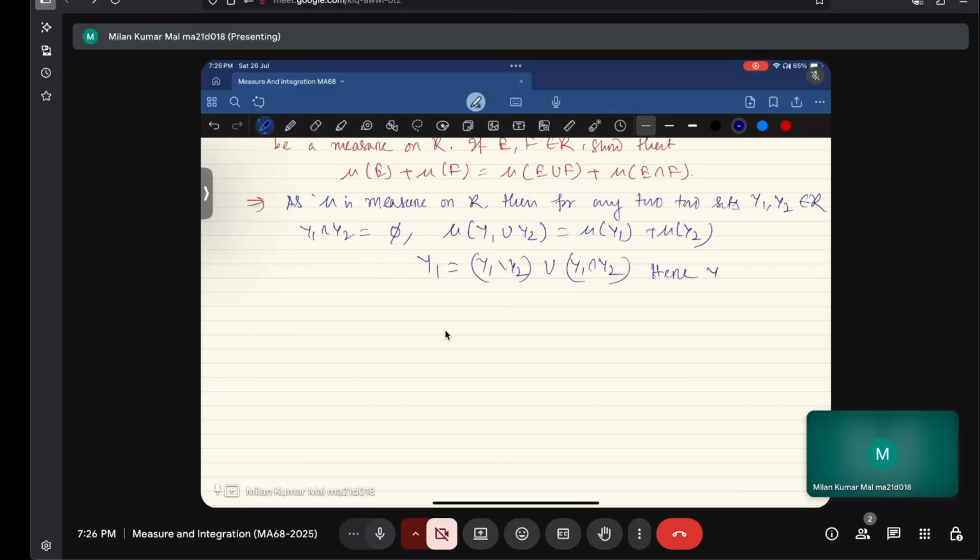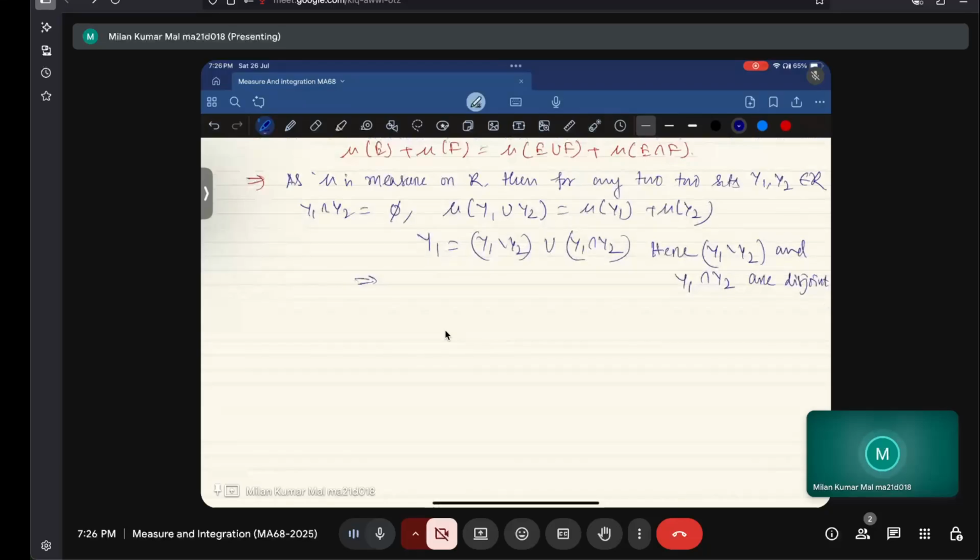And here y1 minus y2 and y1 intersection y2 are disjoint. That's true.